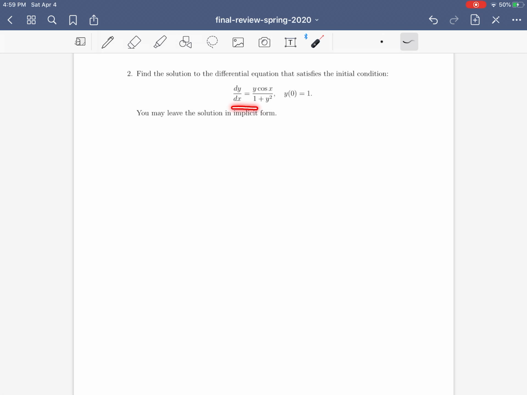So the differential equation is dy by dx is equal to y cosine x divided by 1 plus y squared. And the initial condition is that when x is equal to 0, y is equal to 1. And we're told here that we can leave our solution in explicit form. So we'll talk about that in a minute as well.